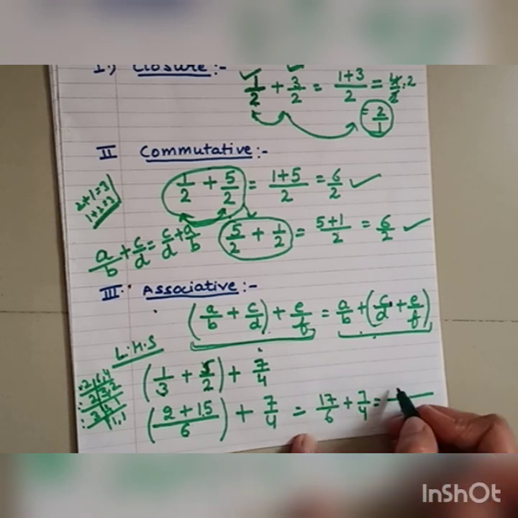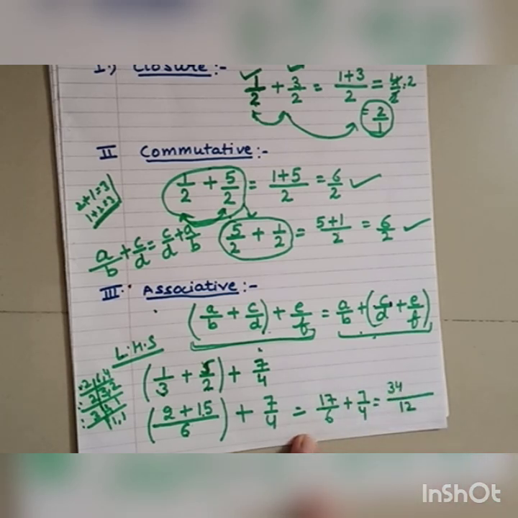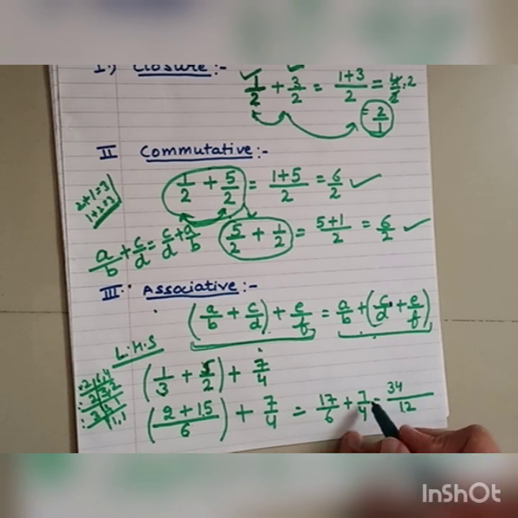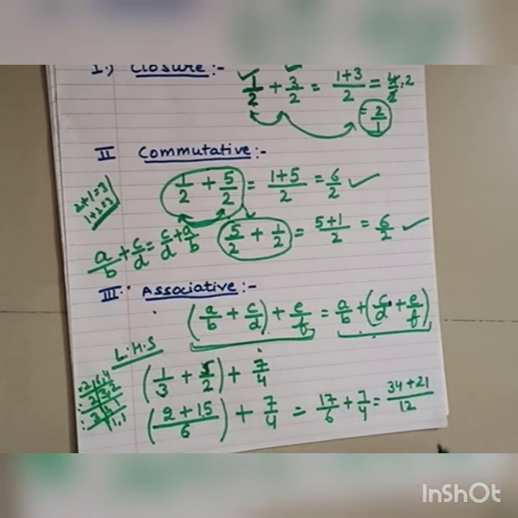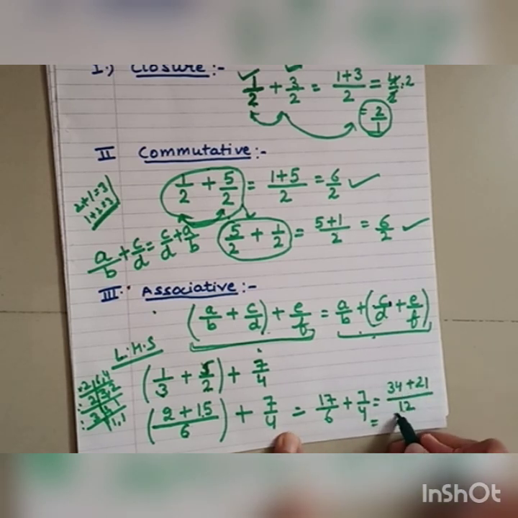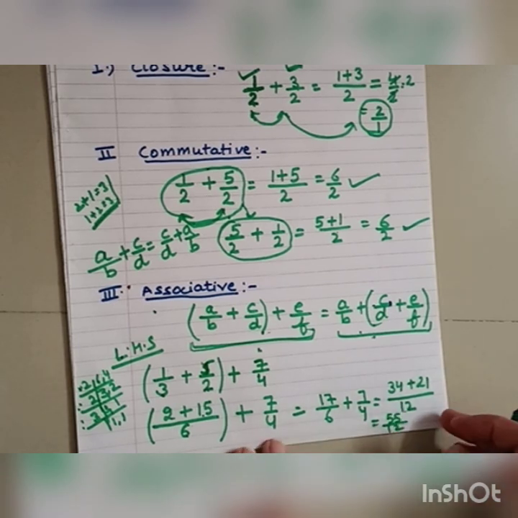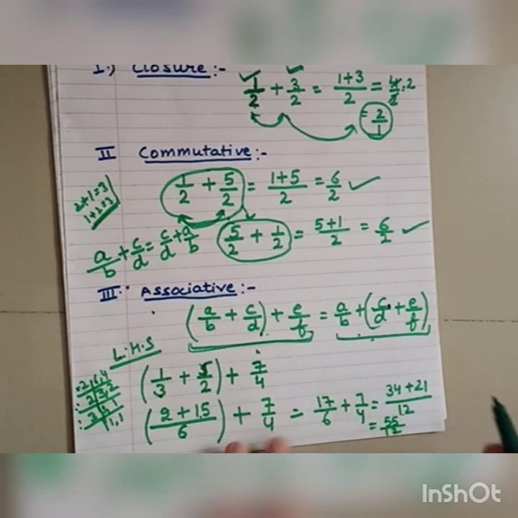Divide this, and 17 twos are 34. Now 4 threes are 12, 3 sevens are 21. Now add 34 and 21. What do we get? 55 by 12. On the left hand side we get the value 55 by 12.